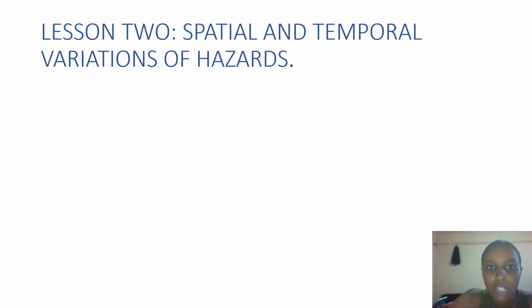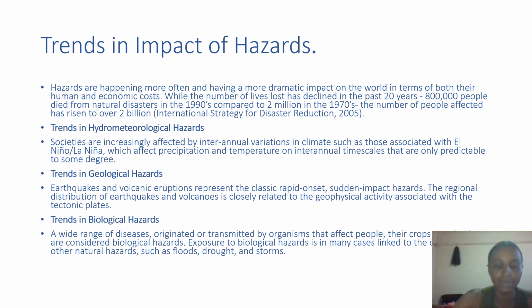Moving on swiftly, we shall look at lesson 2, which is the spatial and temporal variations of hazards. In this topic, we shall look at the trends in impact of hazards, whereby in our daily life we find that hazards are happening more often and are having a more dramatic impact on the world in terms of both their human and economic costs.